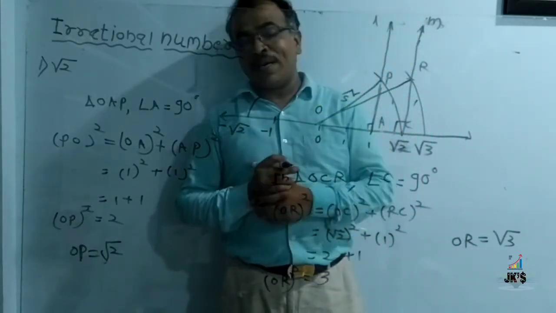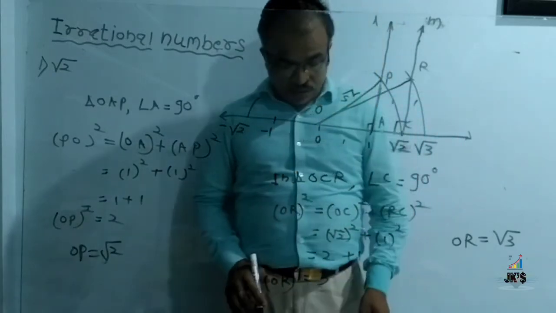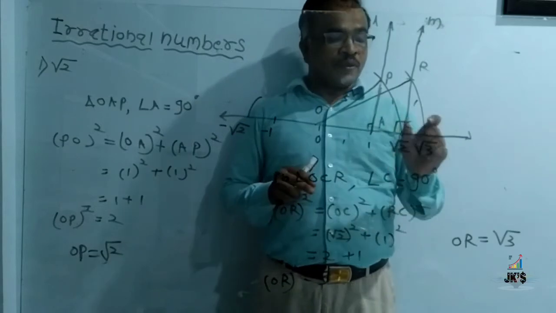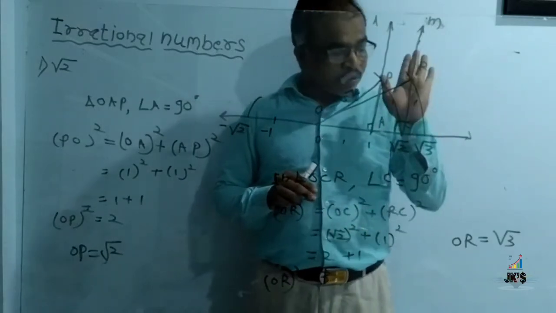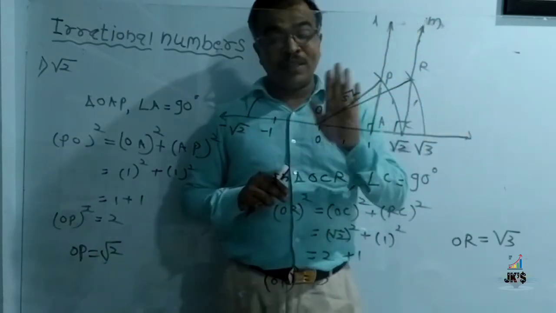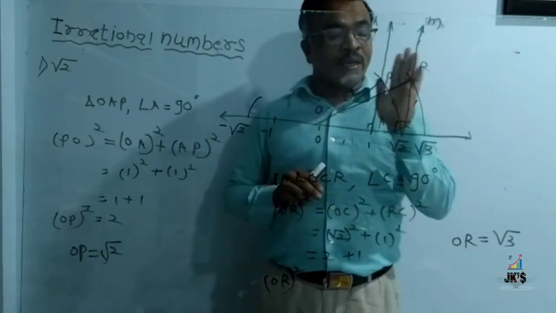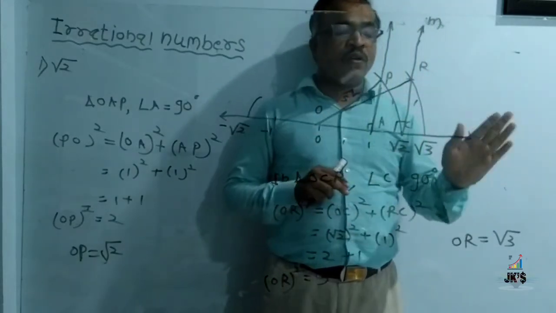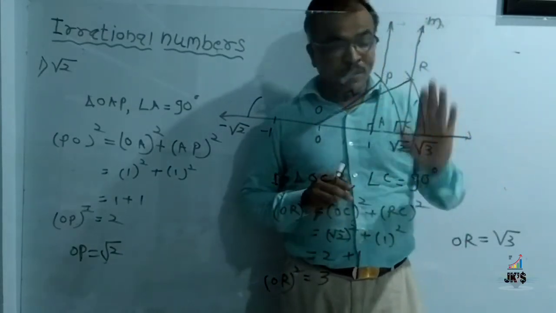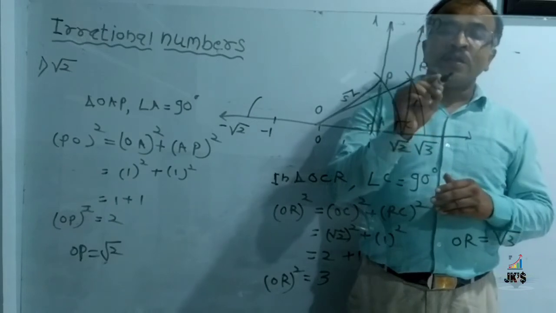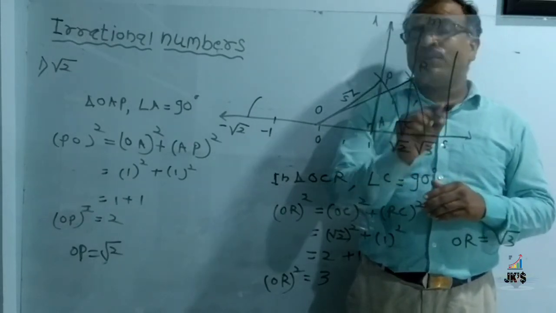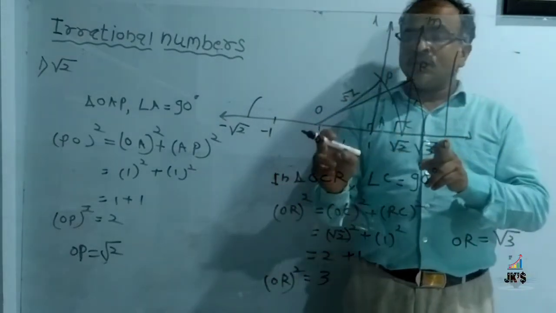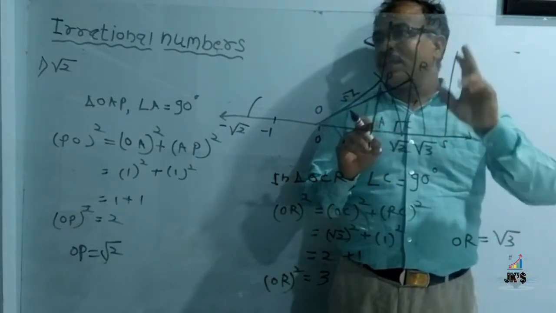So from this example, it is clear that irrational numbers are also present on the number line. Similarly, if we want to show root 5 on the number line, we can draw the perpendicular, join, and by using Pythagoras, this is 2 square plus 1 square, that is 4 plus 1, which is 5.